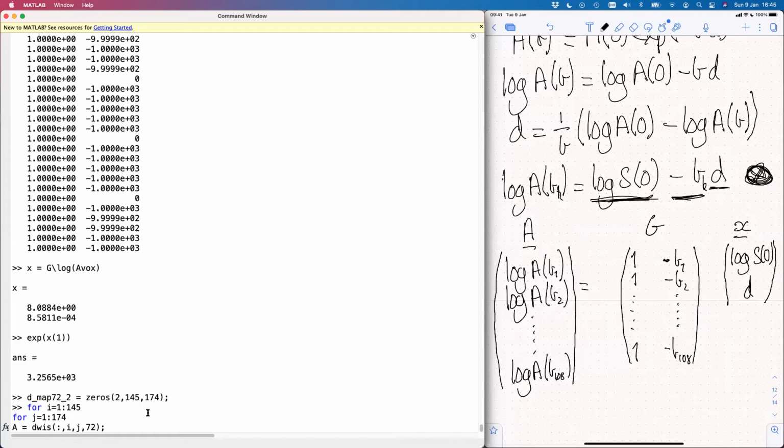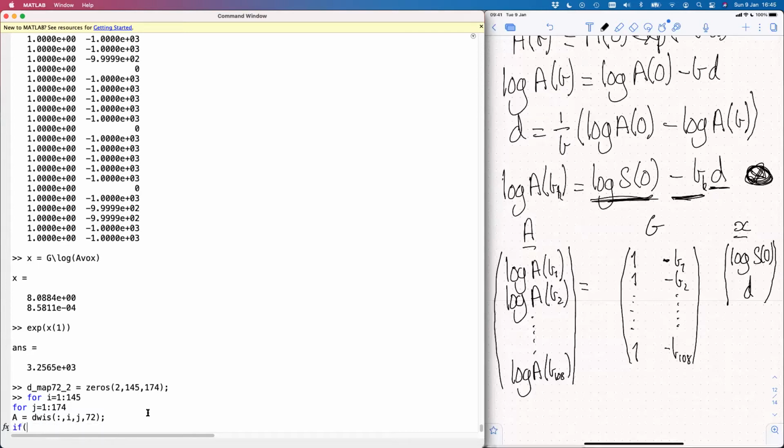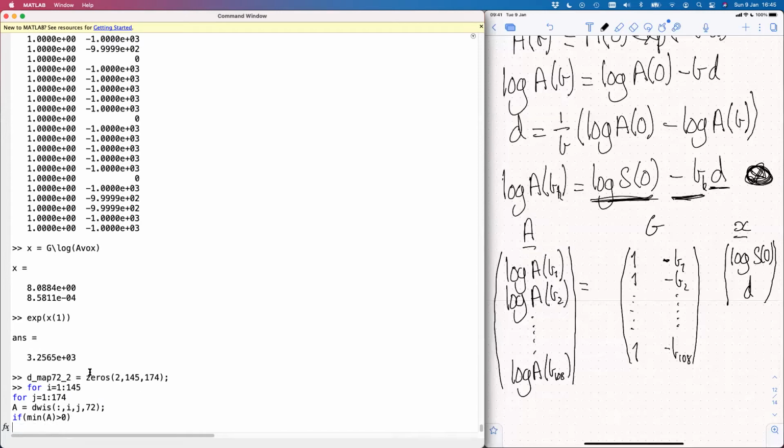And this time, rather than worrying about those background pixels, I'm going to check at each voxel whether there are any measurements that are 0 or less. And if there are, I'm just going to ignore that voxel because there'll be background ones anyway. So only if the smallest measurement in A is greater than 0 am I going to process it. Otherwise, I'm just going to leave that voxel filled with zeros.